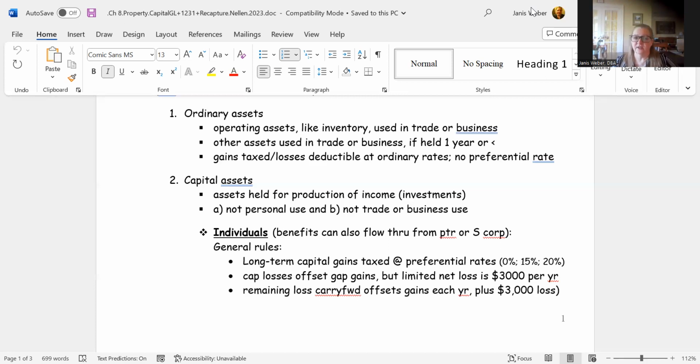Those kinds of capital assets are eligible for special treatment if you're an individual. Or if your ownership is in a partnership or an S corp, then those benefits of capital gain can flow out through the entity back to you.